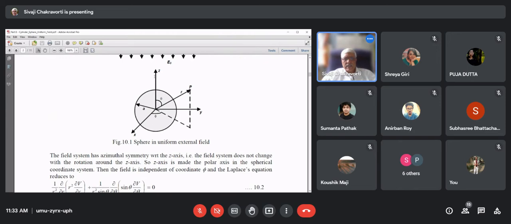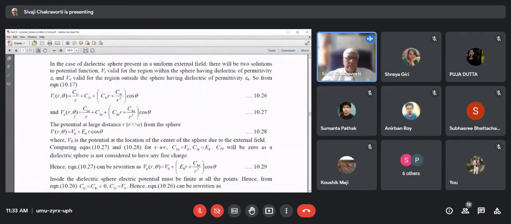Now we have to find out the coefficients. So again we take the same condition, that the potential at a large distance from the sphere, this is equal to this, which I have already explained, that V0 plus E0 r cos theta.